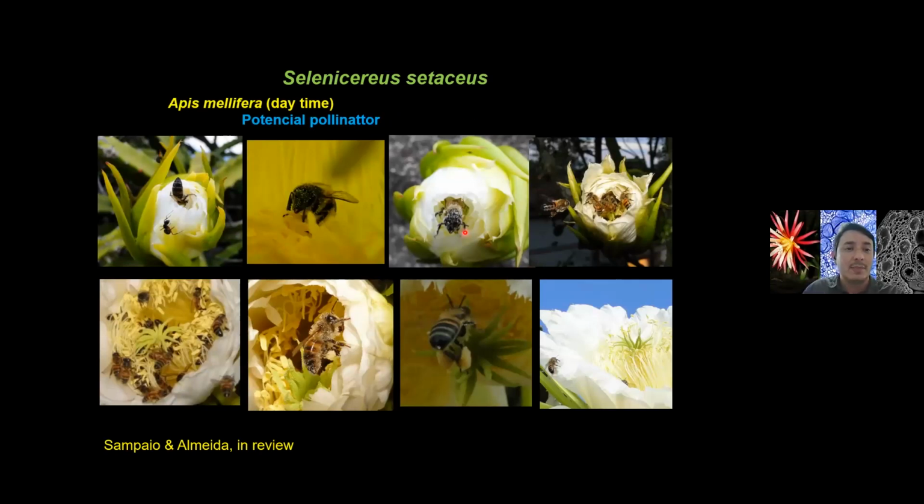But for my surprise, because it has been recorded for other species in Mexico, there were other animals visiting these flowers in daytime. So the honeybees were taking advantage of the very beginning of the anthesis before the sunset, and were entering the flower and collecting the pollen, and then walking in the flower and promoting both self-pollination and cross-pollination. And at night, there's no activity of the bees.